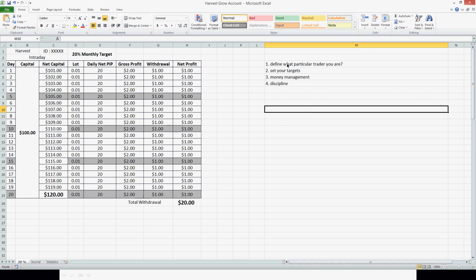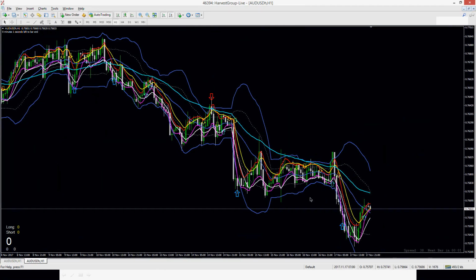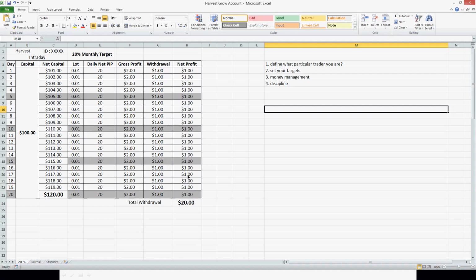You define what particular trader you are. For me, I'm a little bit of both scalping and intraday. As I usually show on my channel, as soon as my entry is within the parameters of my 10 pips mark, I would lock that 10 pips and let it go after that, because even if it hits my stop loss, I would still be achieving my daily target.